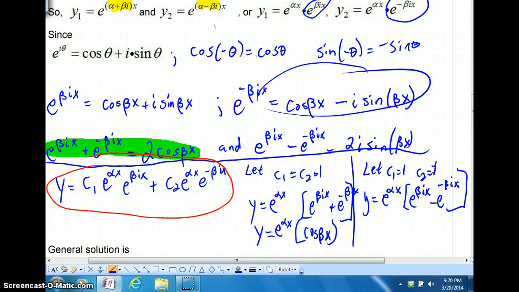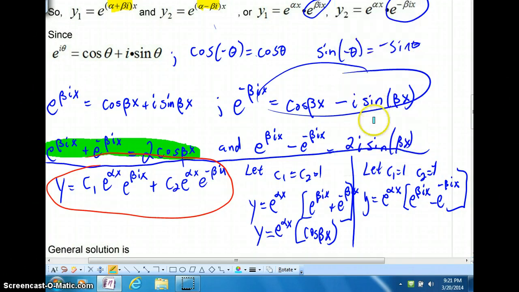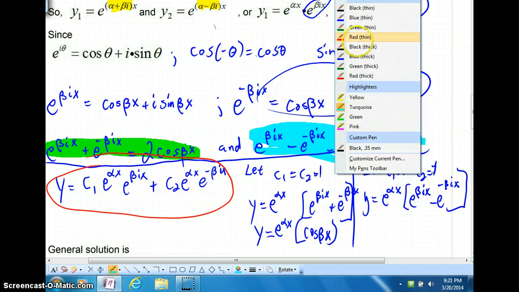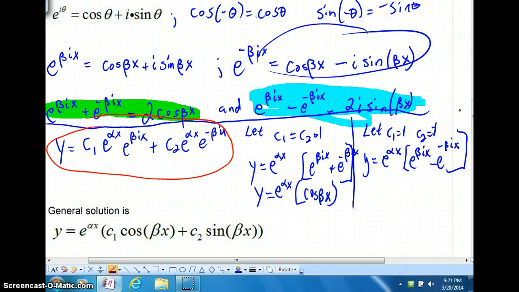You might remember where we left off before, we considered what e to the beta ix minus e to the opposite beta ix was. Shockingly, there was an imaginary component in there, and you could see that it's 2i sine of beta x.